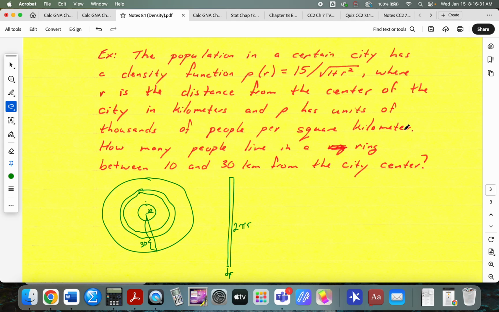So I want to multiply the density times an area. So I'm going to have the integral from 10 to 30 of 15 over the square root of 1 plus r squared multiplied times the area of that strip, which is 2 times pi times r times dr.